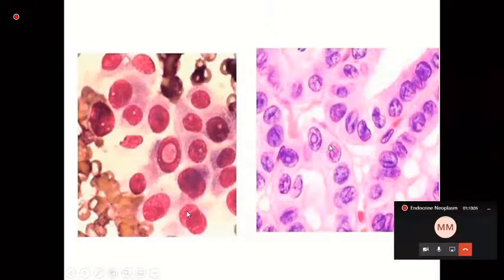In this case, what can we call it? Features of what? And the patient has a history of radiation. What do you think? In this case, what do we report?